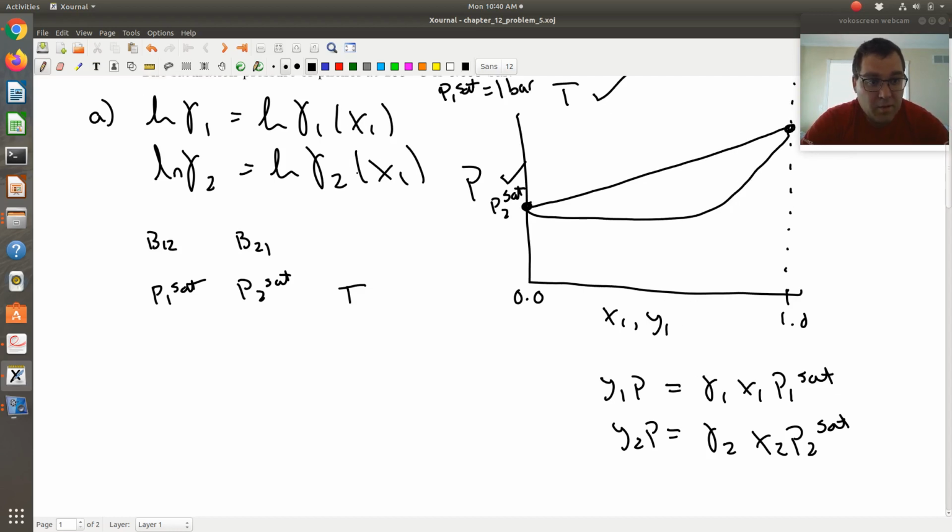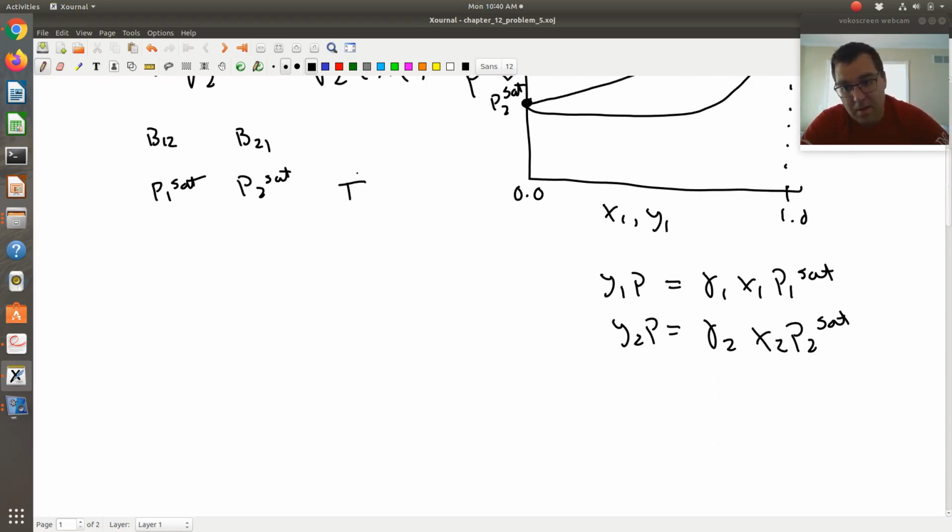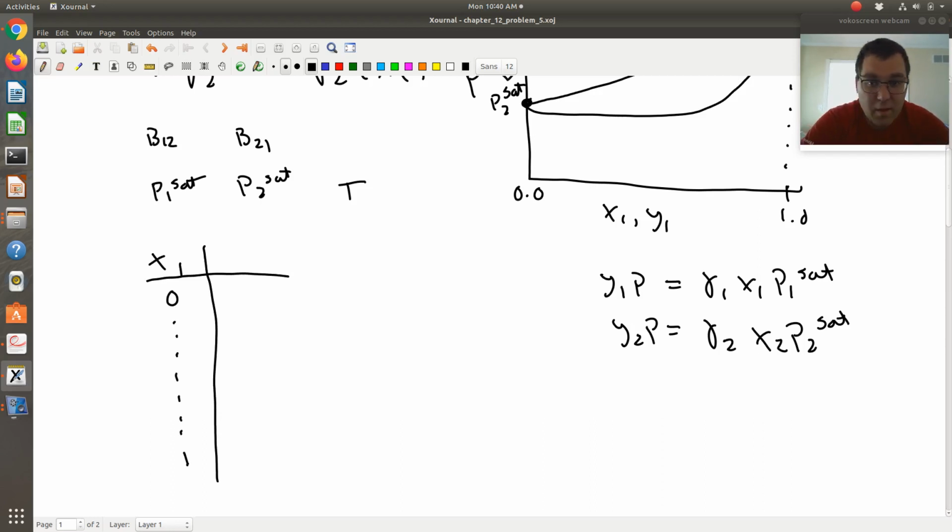So the general strategy, if I'm thinking in terms of an Excel sheet and setting up a table, is to first create a column of x values that go from 0 to 1. And if I want to, I could compute x2, which is just 1 minus x1.